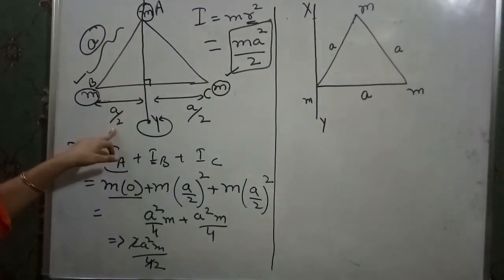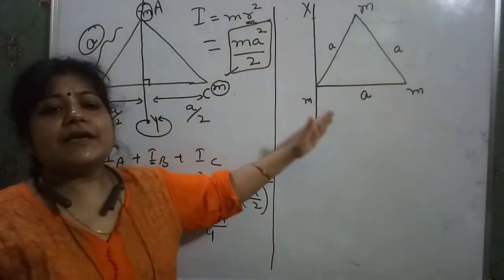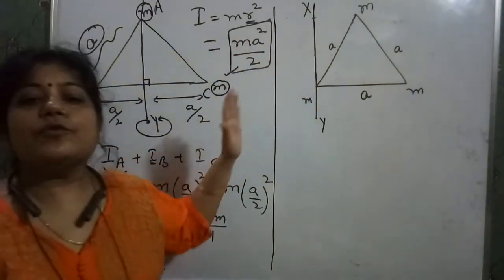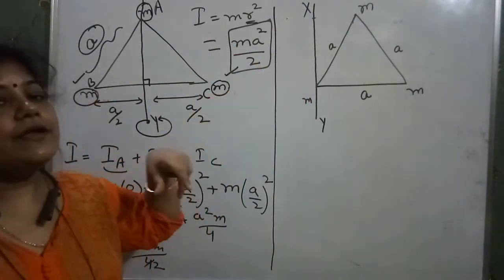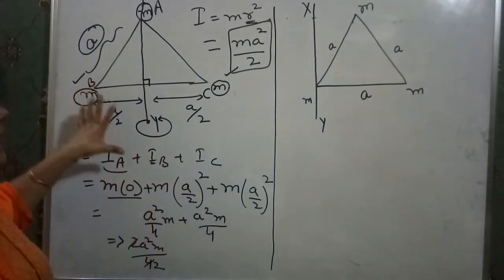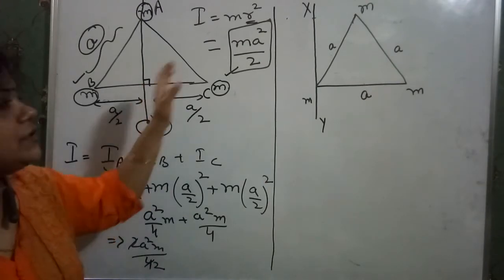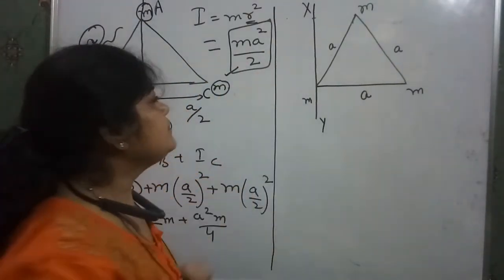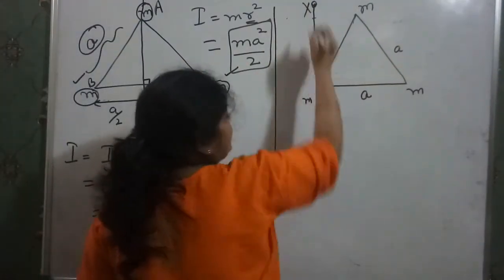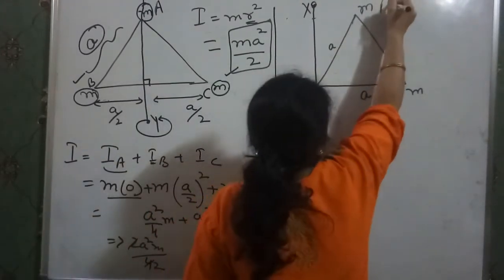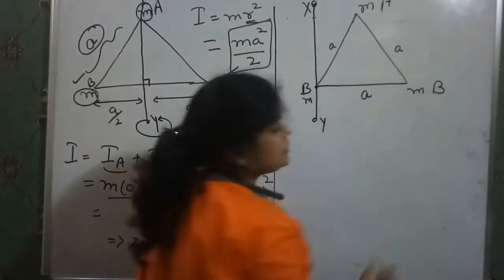Now we take another case and see whether the moment of inertia is the same for both cases or whether it may differ. Clear? We take the distance from the axis of rotation. Now see in the next question, the axis of rotation xy goes through the point B, and we have to find the moment of inertia.